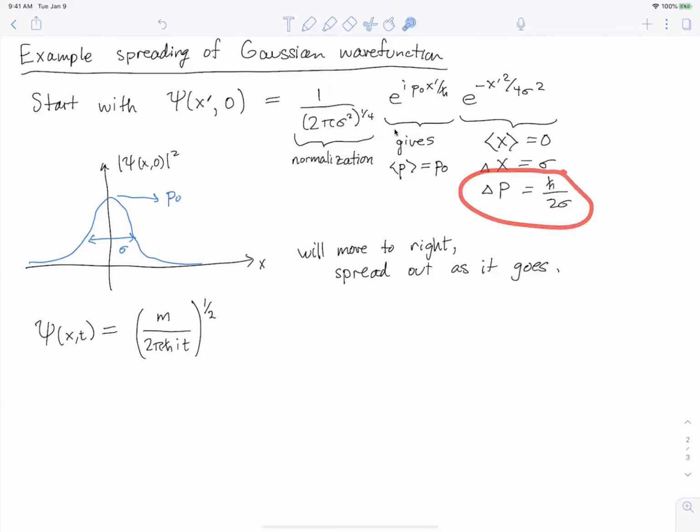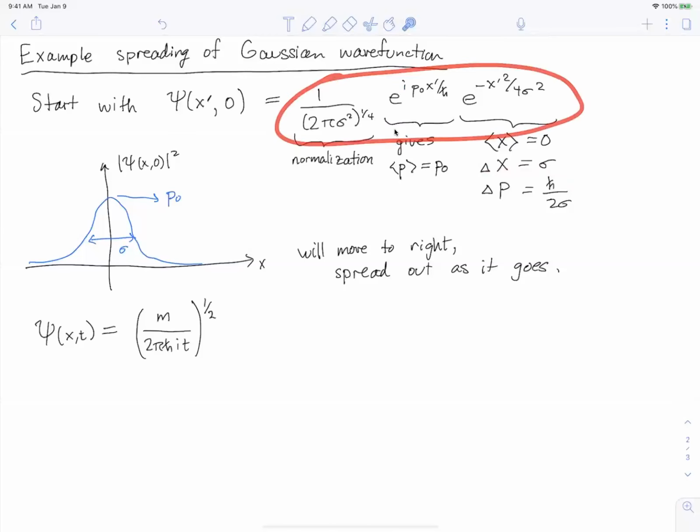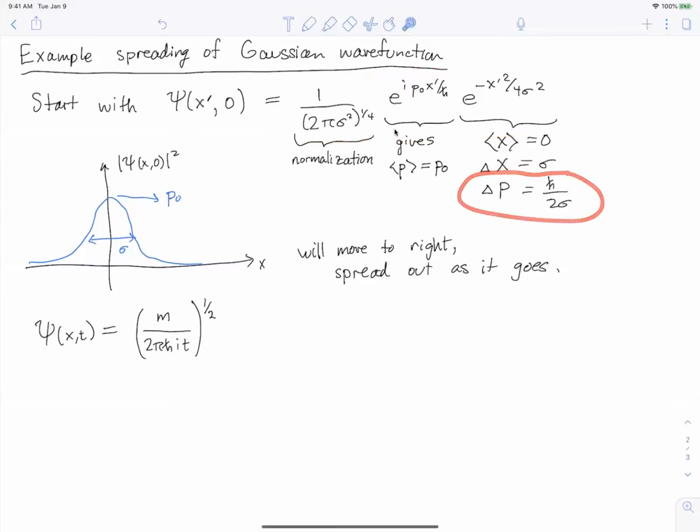Right. We had worked out the other day when we studied just this wave function. When we worked out the expectation value of p, it was 0. And then we worked out the expectation value of p squared and took the square root, and that's where this came from.